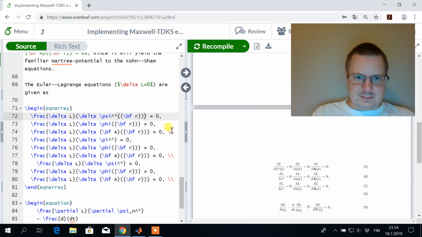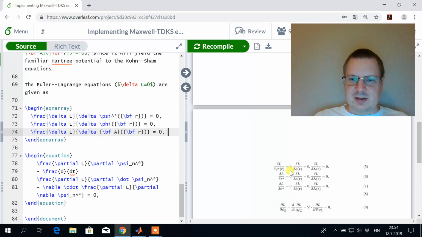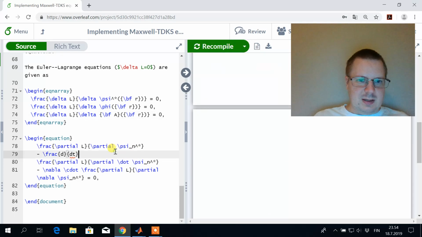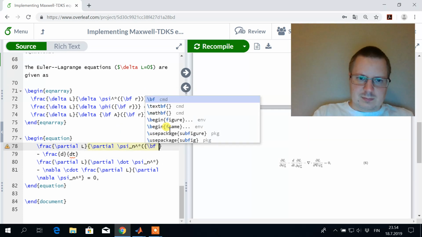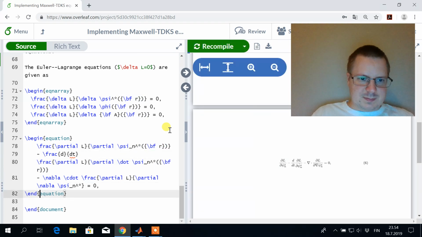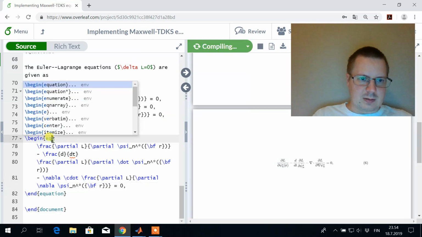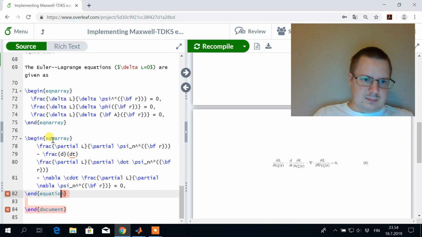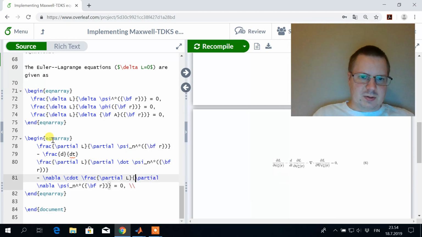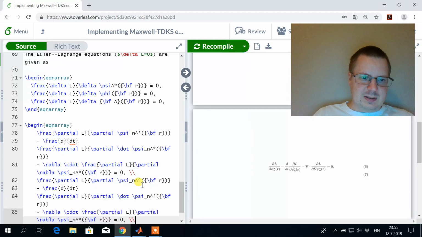So these are just the variational equations, and now over here we can just copy paste a little bit to get equations of motion for phi and A as well.